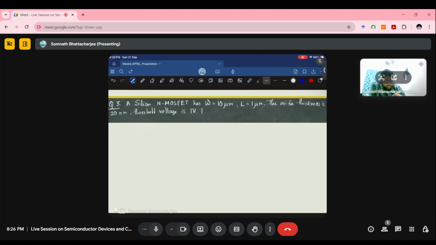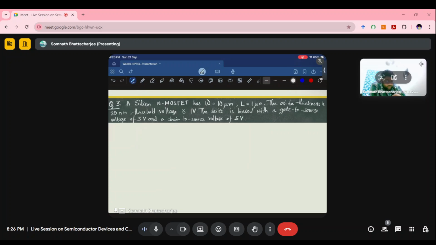The device is biased with a gate to source voltage of 3 volts and a drain to source voltage of 5 volts.